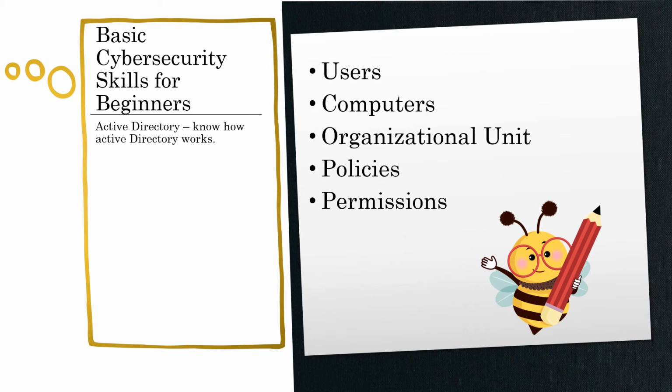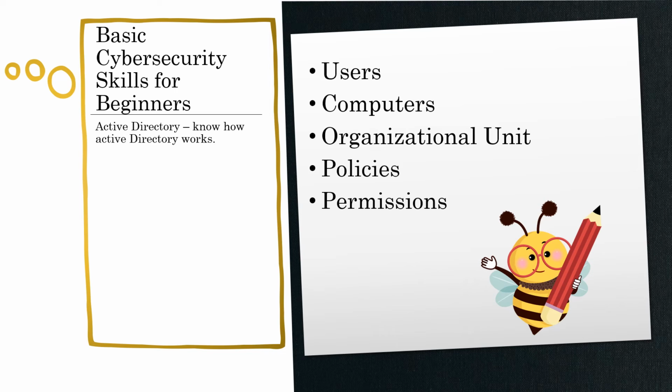Guys, you have to know Active Directory and how it works. In Active Directory, we have users. Active Directory organizes users, it organizes the computers that the agency has, and it organizes these things under an organizational unit. In Active Directory, we have policies and we have permissions.